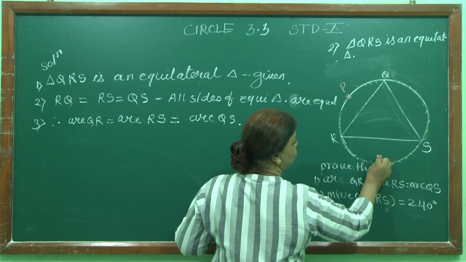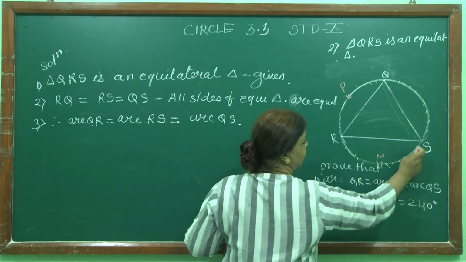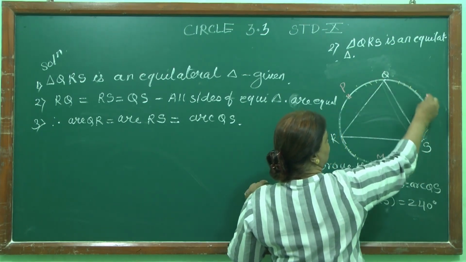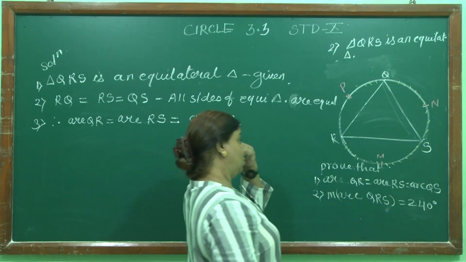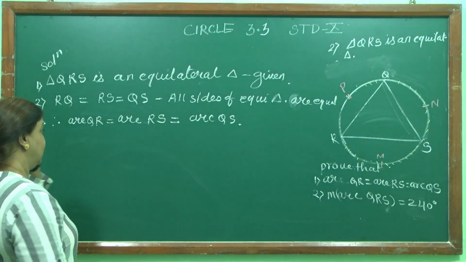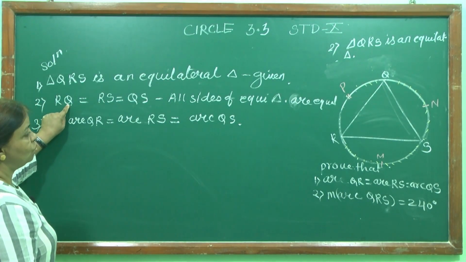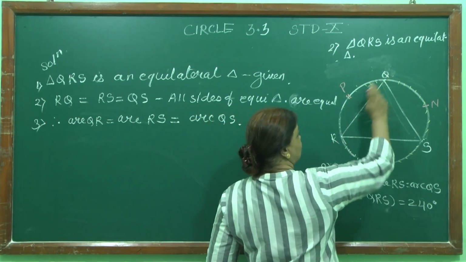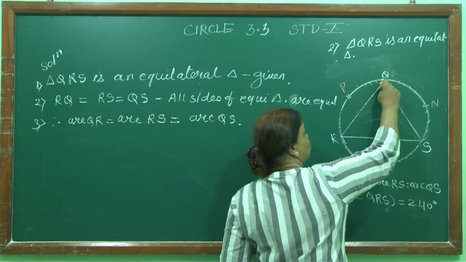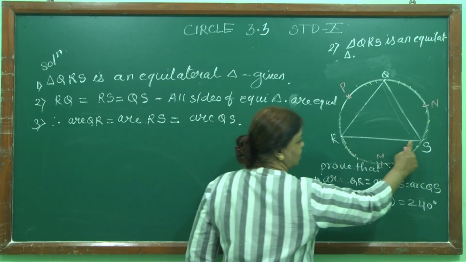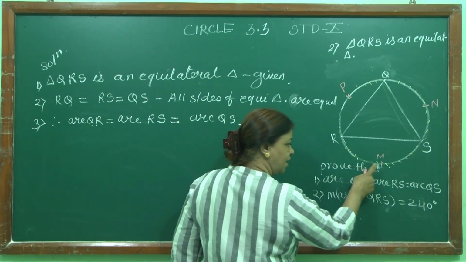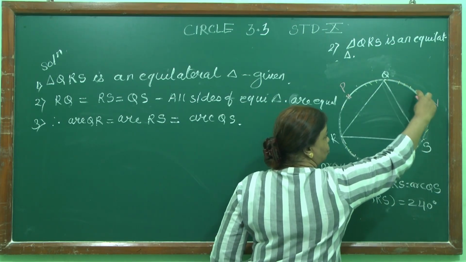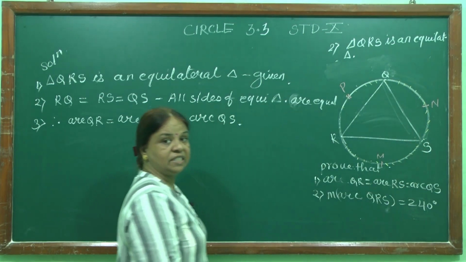Let me write here, this is RMS, arc name, and this is SNQ. Okay, so now I can say RQ subtends RPQ, RS subtends RMS, QS subtends QNS.